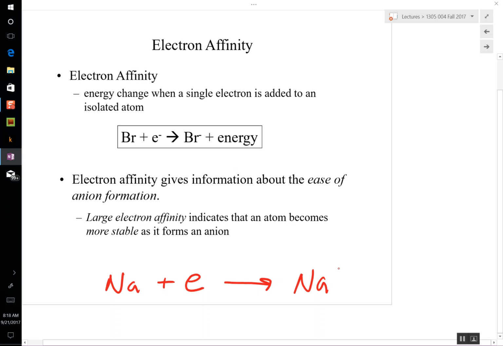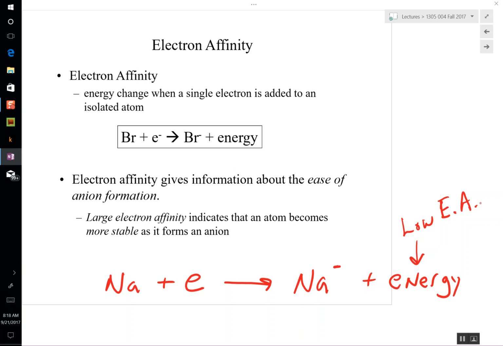So it would be negative. You're saying, I know you got a question on, well, can it do this? Well, it doesn't like to do this. So it gives off very low electron affinity, sodium. It's hard to get sodium to form a negative ion. Doesn't like to do that.